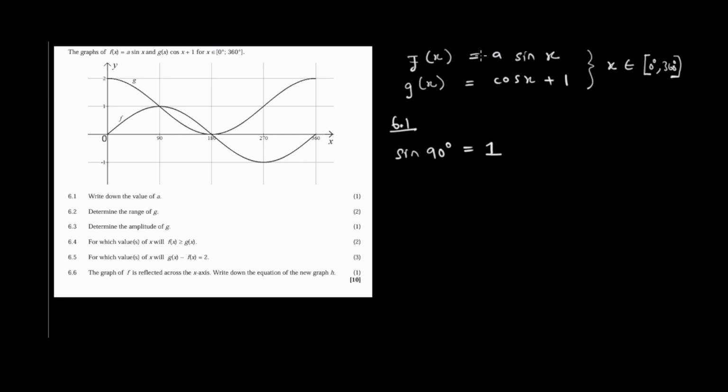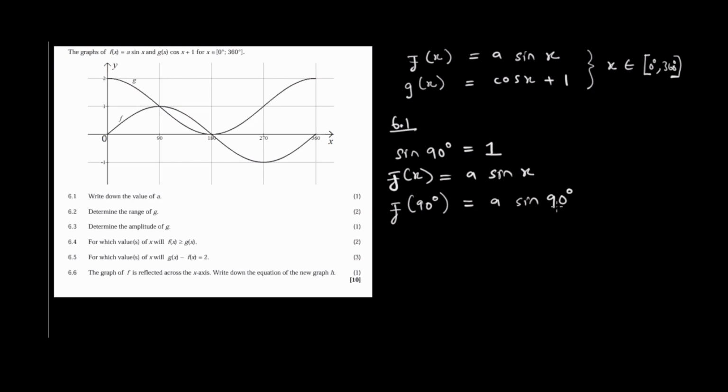Since we know that sine of 90 degrees is equal to 1, when we incorporate the function f(x) = a sin x, let me write it down, what it simply means is we have to substitute this x with 90 degrees. So it becomes f(90 degrees) = a sin 90 degrees.